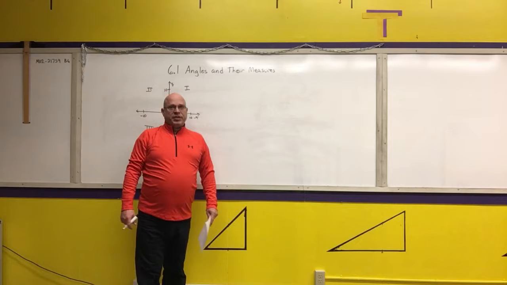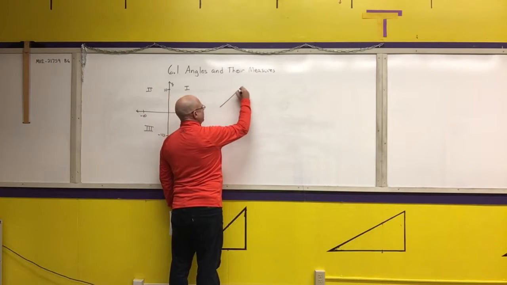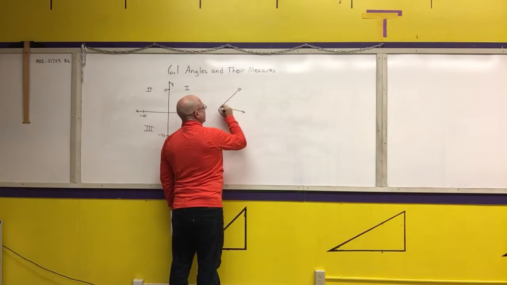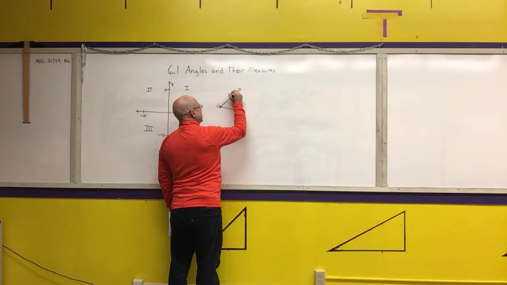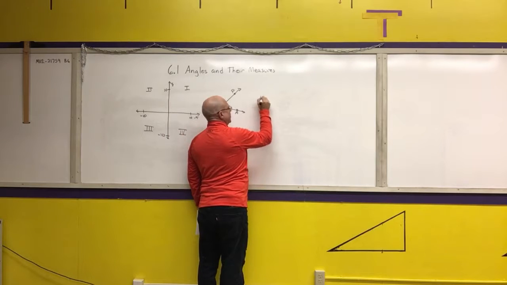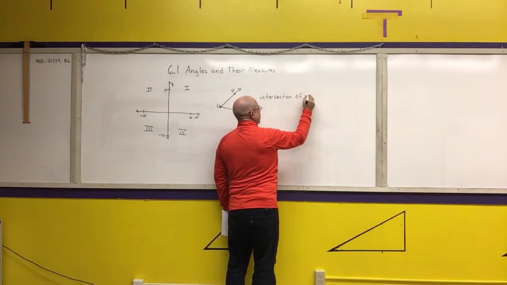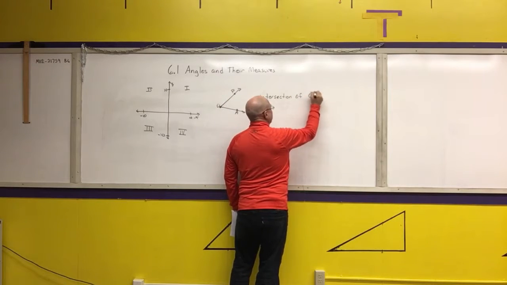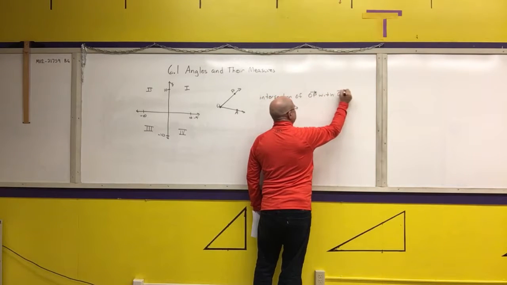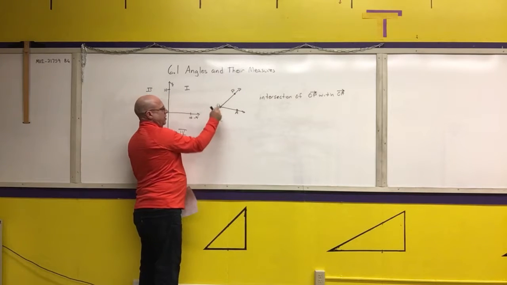In geometry, our definition of an angle was the intersection of two rays. So for geometry, the definition of an angle would have been the intersection of ray OP with ray OA. Okay, so for geometry, it's two rays.